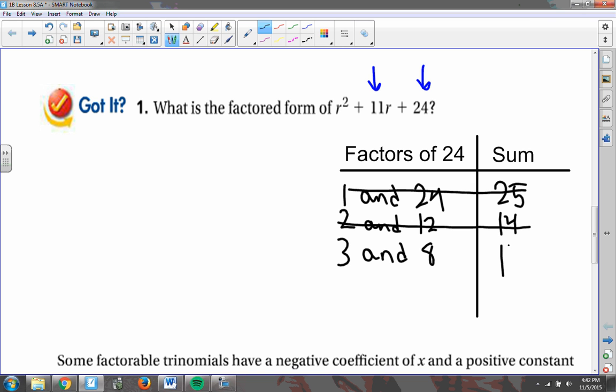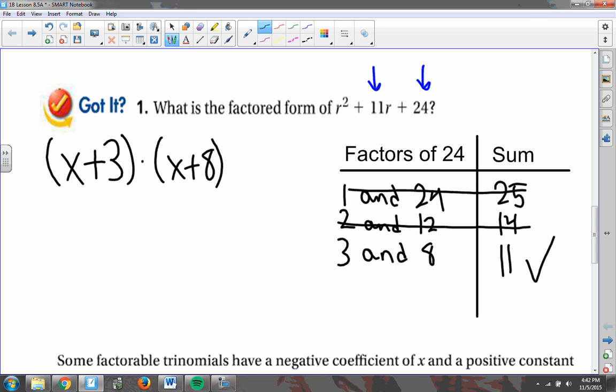Oh, they add up to 11. Yay, there it is, 3 and 8. So my factored form is x plus 3 times x plus 8. That is the factored form.